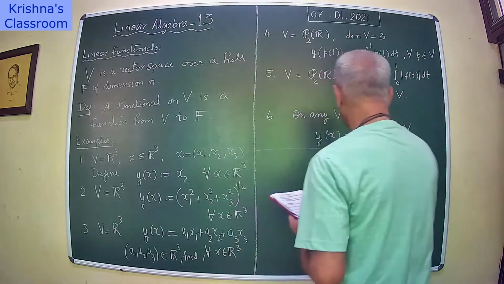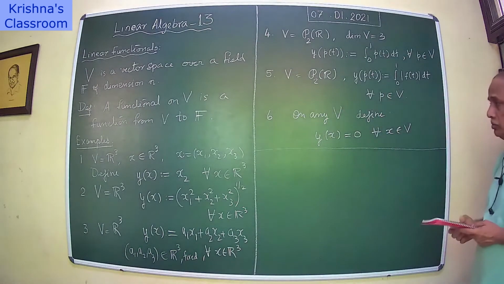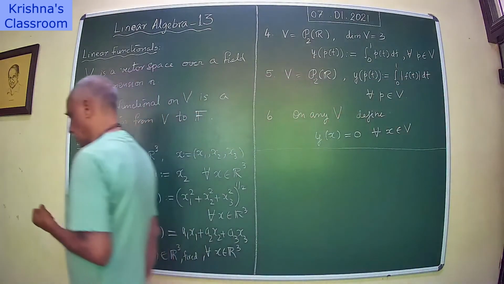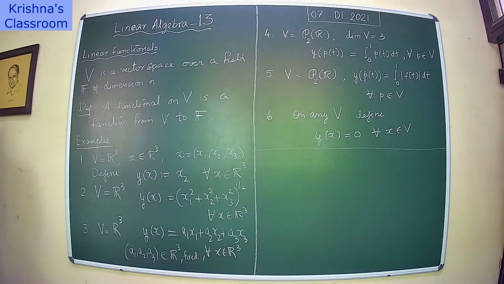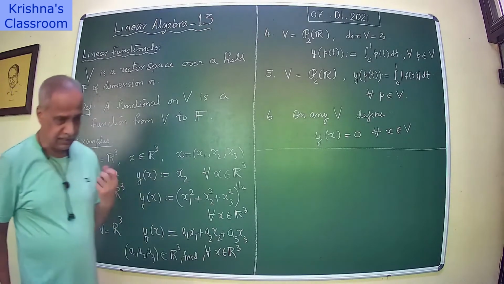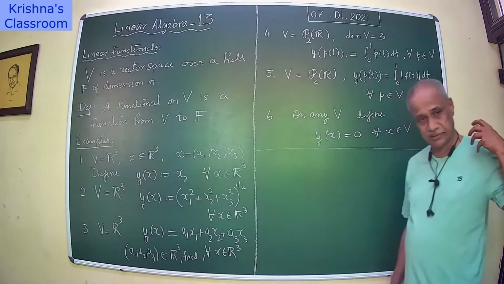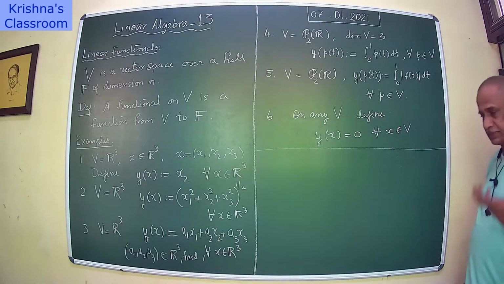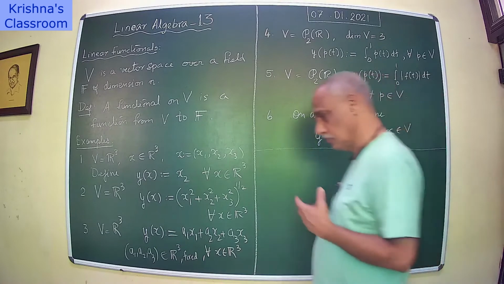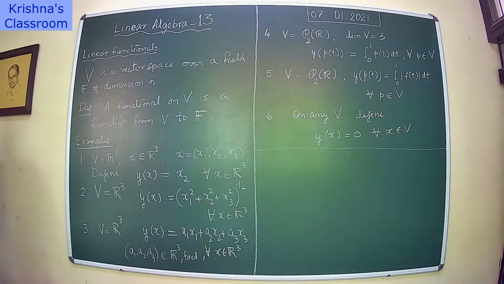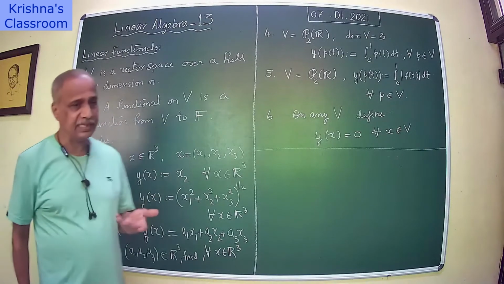Now we go on to be more specific. We consider a certain class of functionals which in a way has a structure that goes with the structure of the linear space. This is linearity.